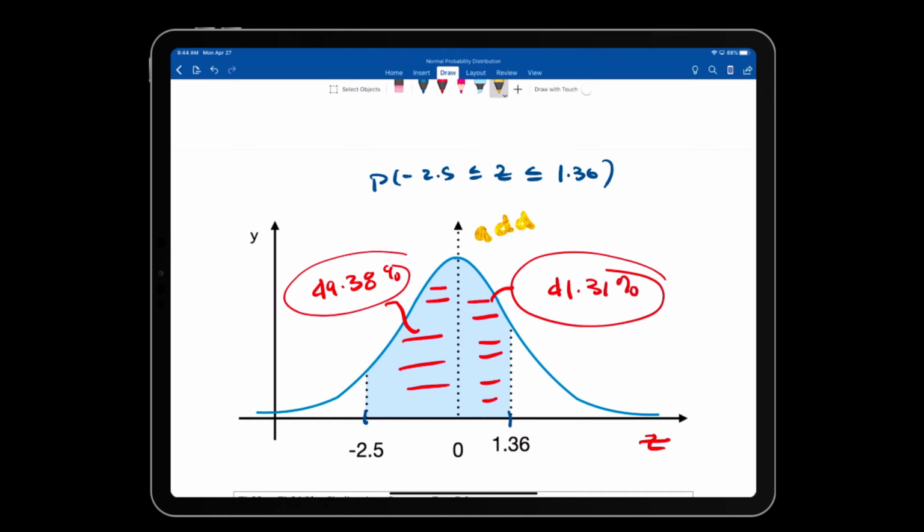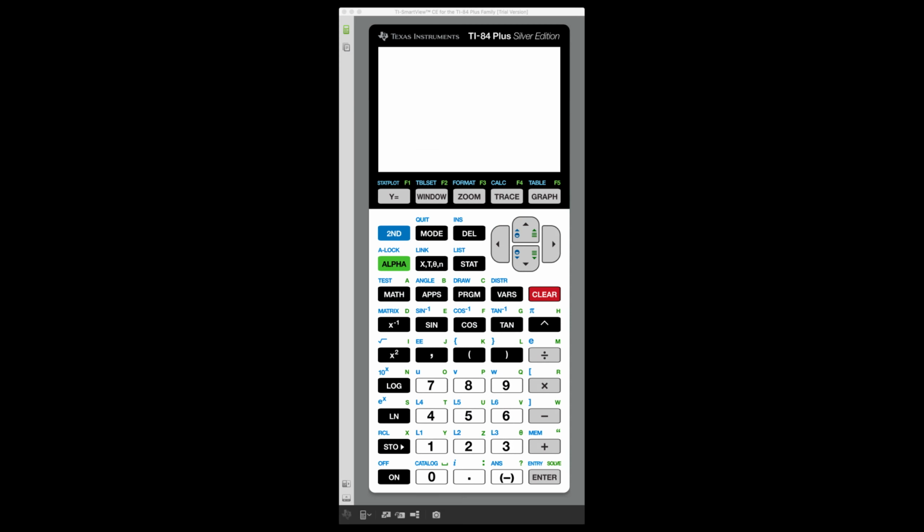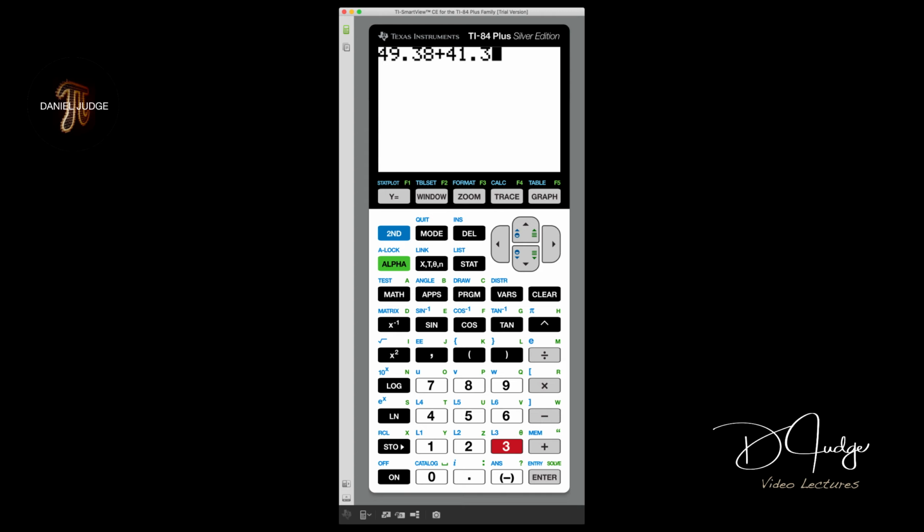You say, okay, in order to add, we have to go to our TI then. All right, let's bring out that TI. Let's put some things here. All right, TI, what do we do? We're going to take the 49.38 plus 41.31.